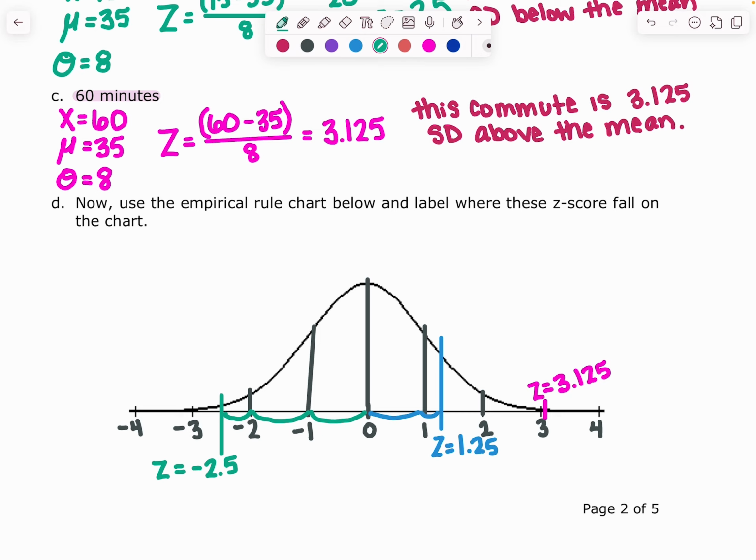And if I had labeled this chart like I would have done with an empirical rule problem where I put 35 in the middle and then did my adding of 8 and subtracting of 8 and put the actual x values, they would have landed at the exact same spots. And that's something that you are more than welcome to do to see how that lines up. So this is how we calculate a z-score and how we label the z-scores on a normal distribution curve.